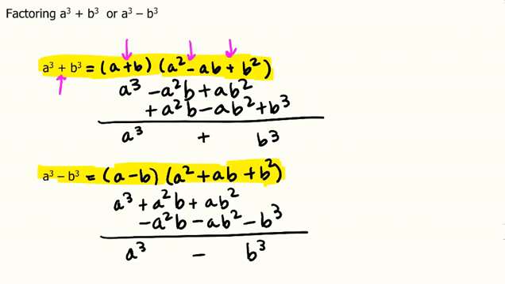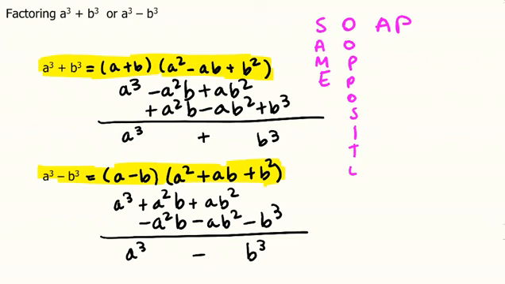So we just say: same, opposite, always positive. Same, opposite, always positive, for sum and difference of cubes.